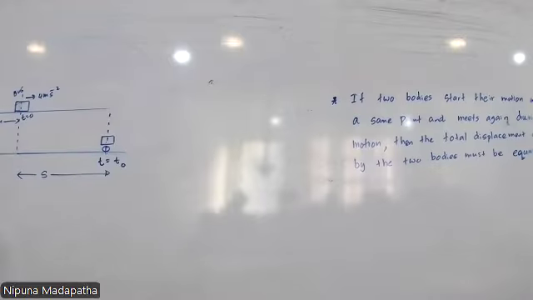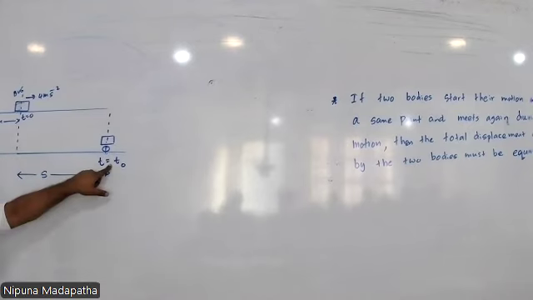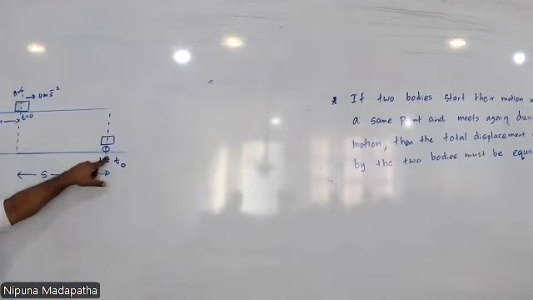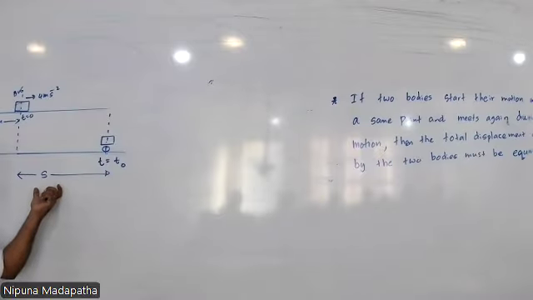What should be the total displacement of the motor car during this time interval? Initially, the motor car is 100 meters behind the bus. They start their motion simultaneously. The bus has covered some distance, and after time t naught they are here. If the displacement done by the bus is simply S, what is the displacement done by the motor car? 100 plus S, right?